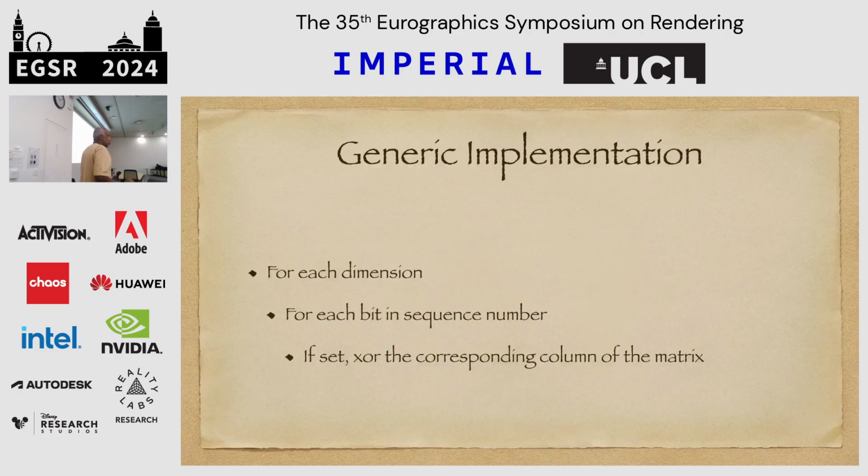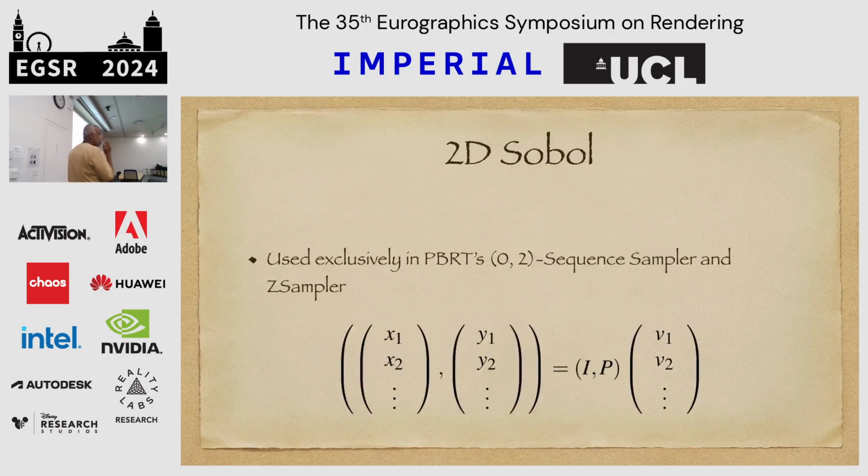For a generic implementation of this matrix-vector multiplication, for each dimension you choose each bit of the sequence number, and if it's 1, you XOR the corresponding column of the matrix. It's very simple and fairly fast, but not the fastest way. The Sobol sequence is made of many dimensions.